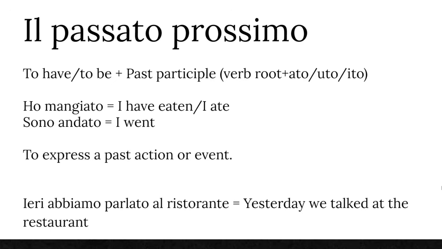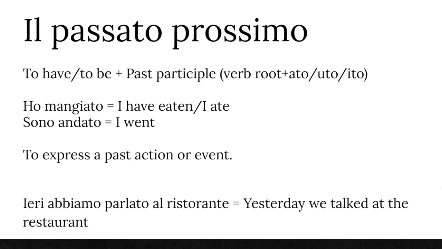Let's see an example with the verb to be. So an example of intransitive verb, like andare. Okay? We have seen that andare is very irregular at the present, but when it comes to the past, it actually becomes regular. So the past participle of the verb andare is andato. Okay?